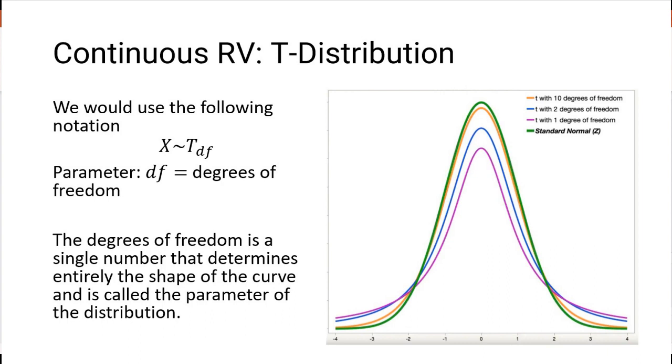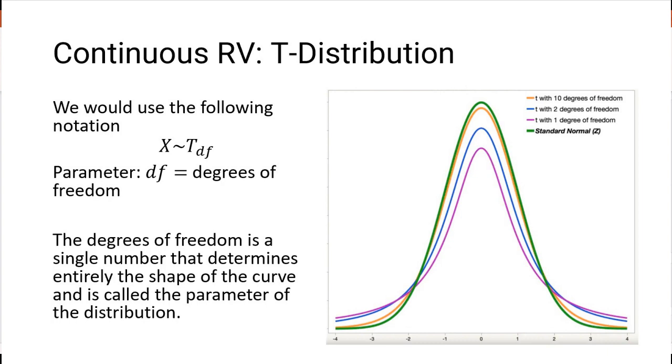So here we have some graphs. Here the mustard orange is the curve with 10 degrees of freedom, meaning the sample size was 11. The green one is 2 degrees of freedom, meaning the sample size was 3.